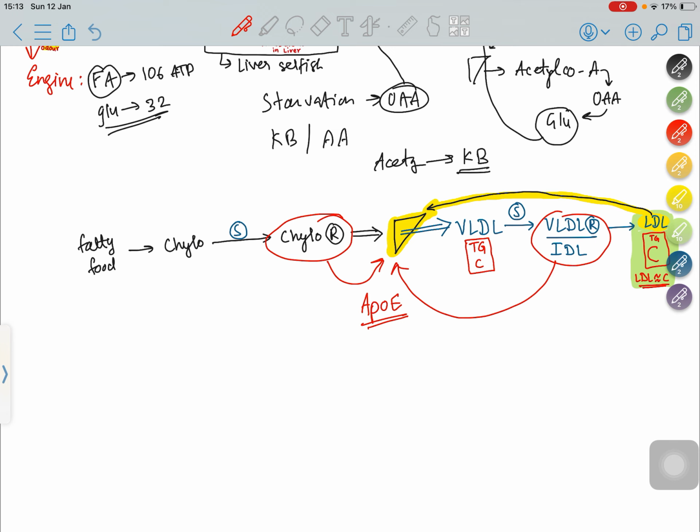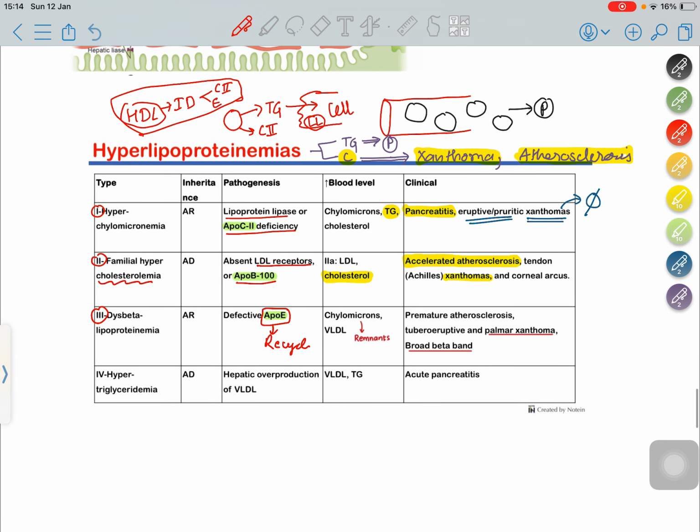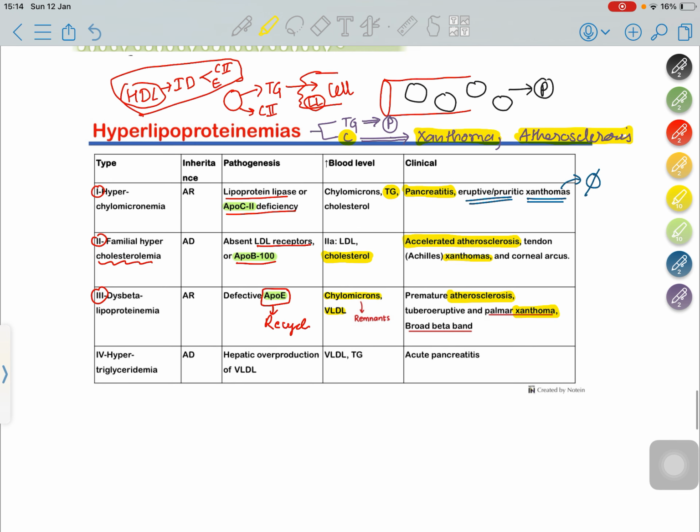So here we can see that chylomicron would have some level of triglyceride. VLDL will also have triglyceride and cholesterol. Here are chylomicron and VLDL remnants, and as they have cholesterol, atherosclerosis and xanthoma would be formed.